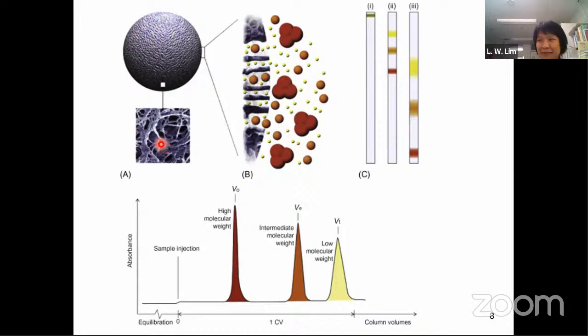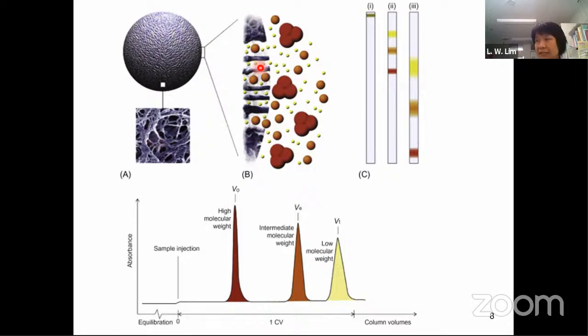Whatever can get stuck in the holes will have a longer retention time. This is what we call the mesopore. The mesopore will have a much smaller size. The through pores are about 1 micrometer.